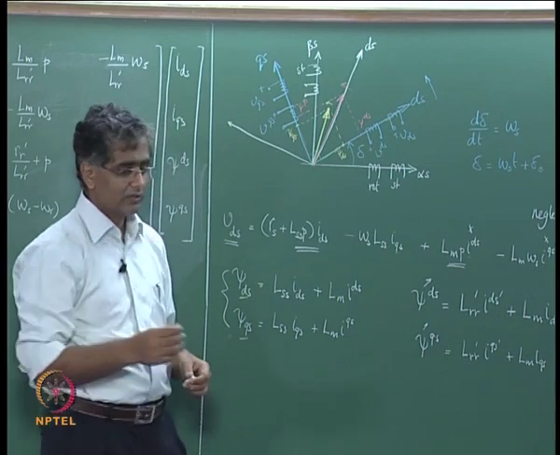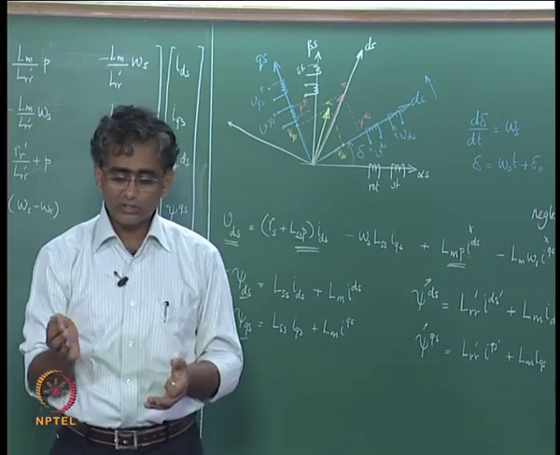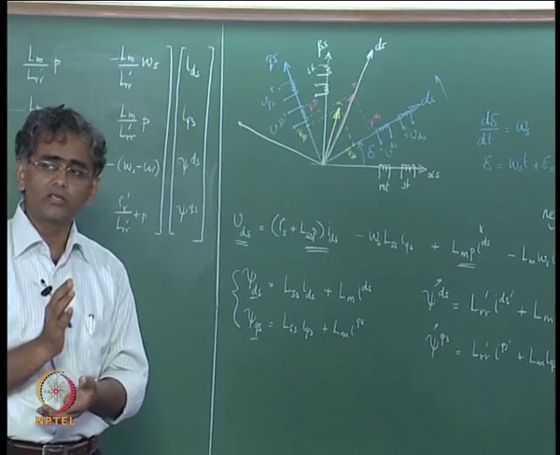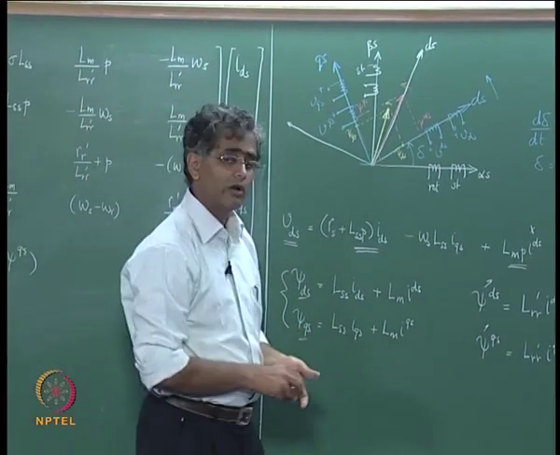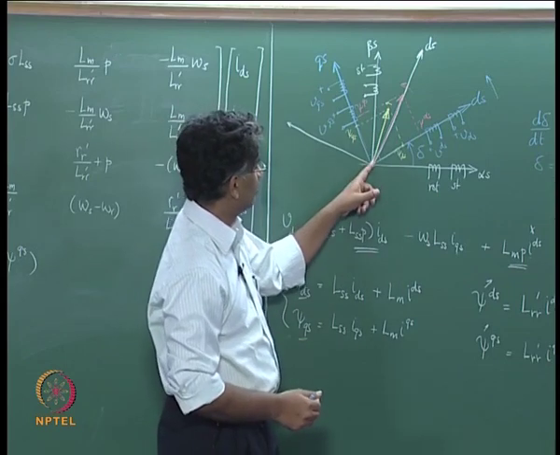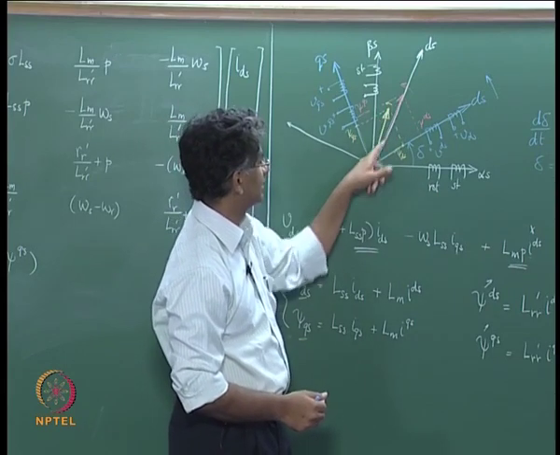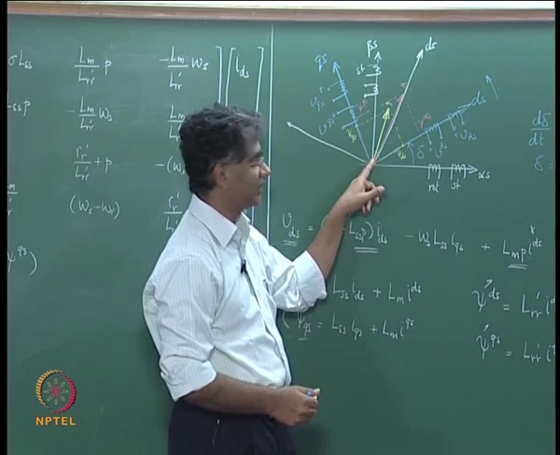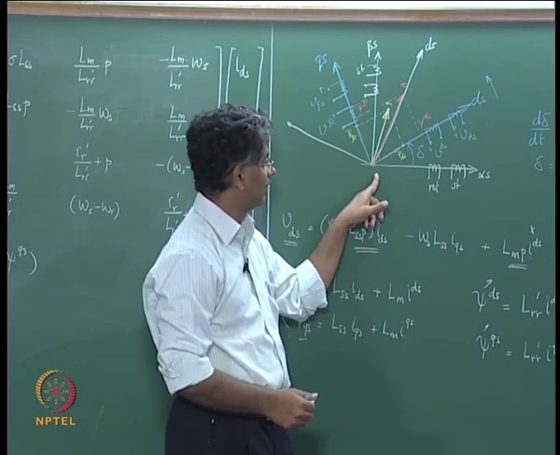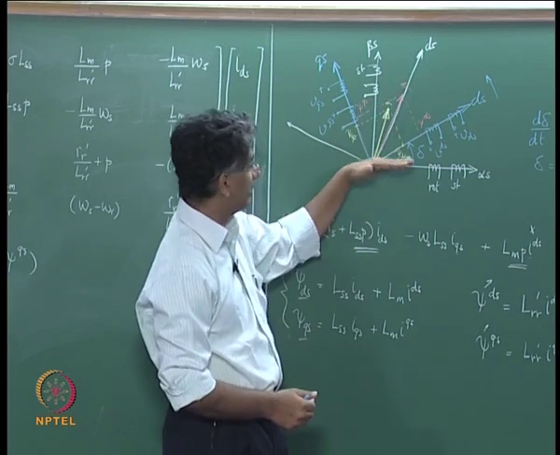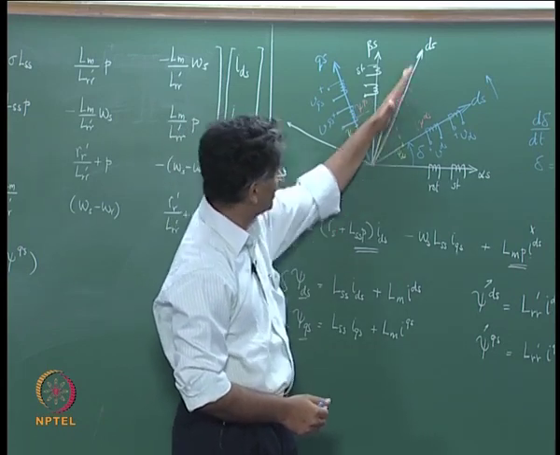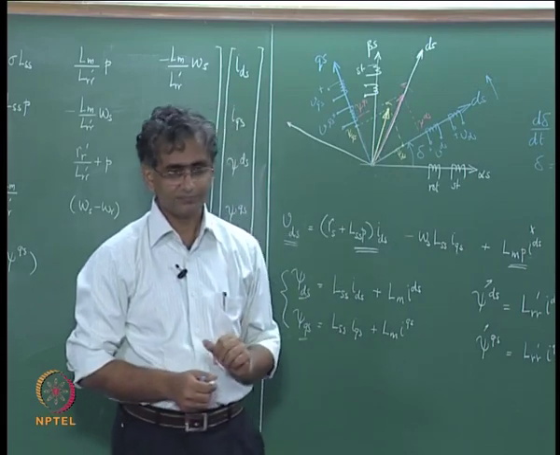So this is choosing a particular orientation for the reference frame, right. In order to do that, I would need to know by some means where this psi vector for the rotor is, and having located that vector, I now choose a d axis which lies along that vector itself.